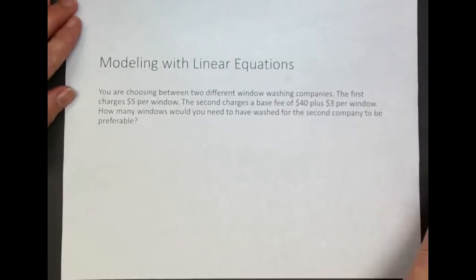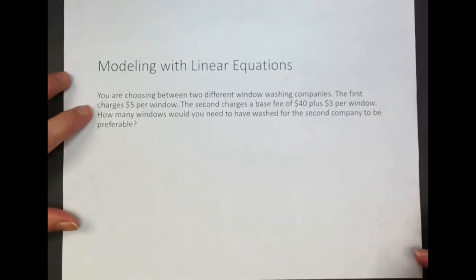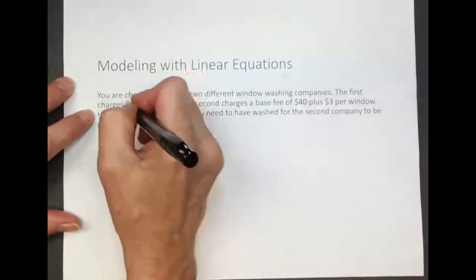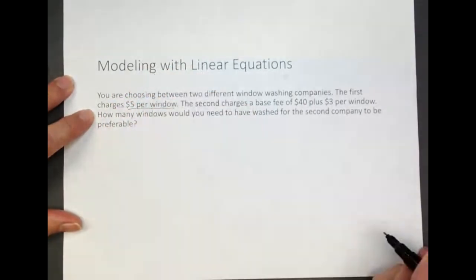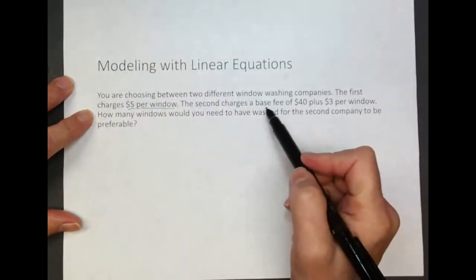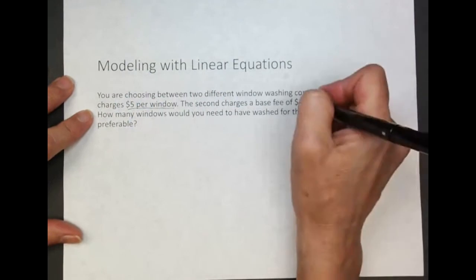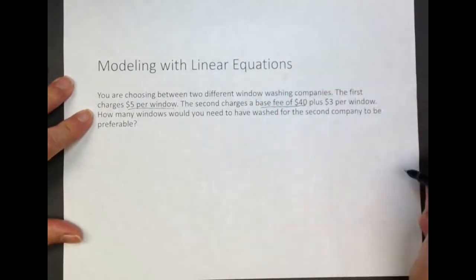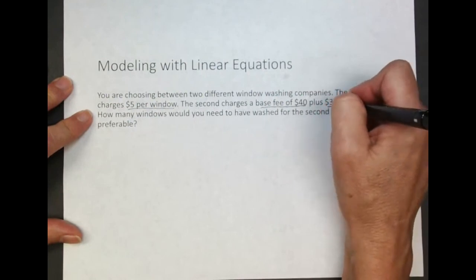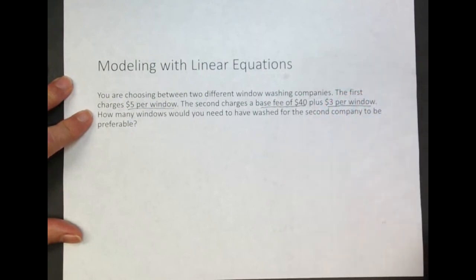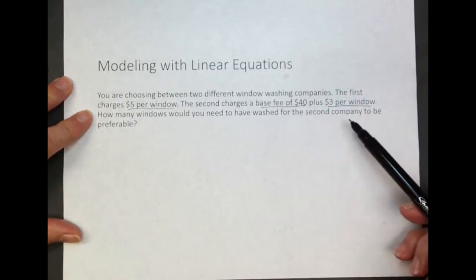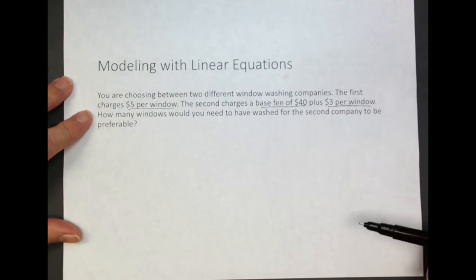See, we're trying to choose between 2 window washing companies. The first company charges just $5 per window. The second has a base fee of $40, so that's like an initial value, isn't it? You've got to pay that $40, but then they only charge $3 per window. So if I call the second company, I pay $40, but then only $3 per window.